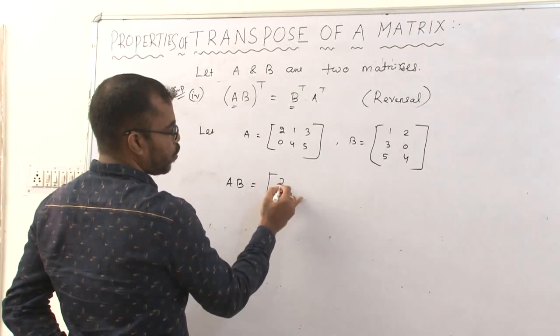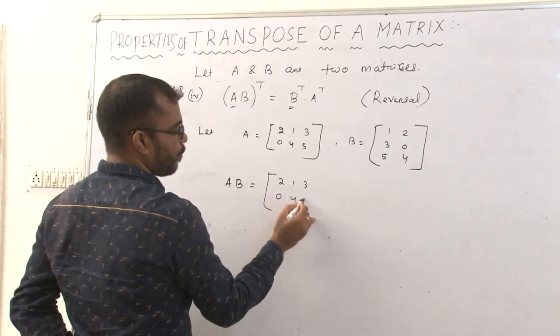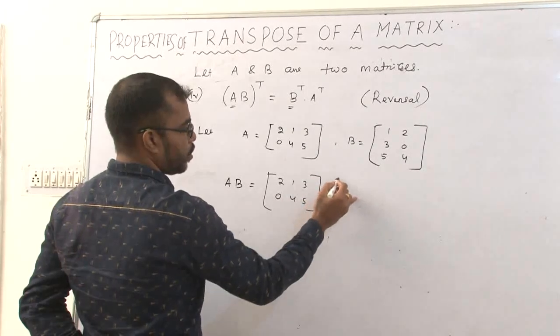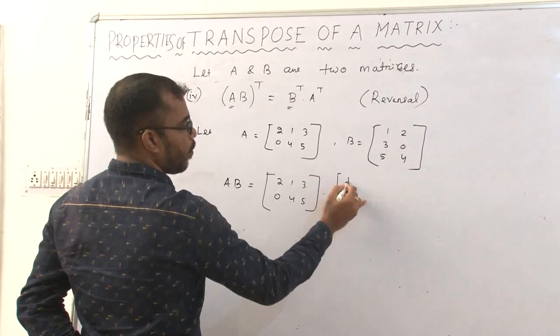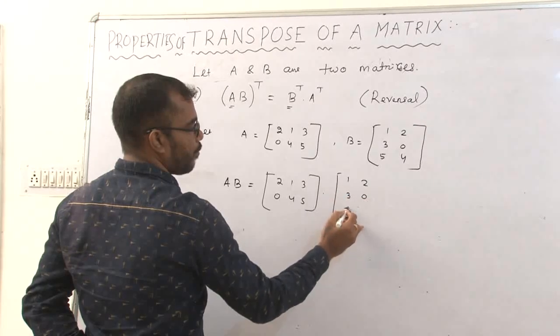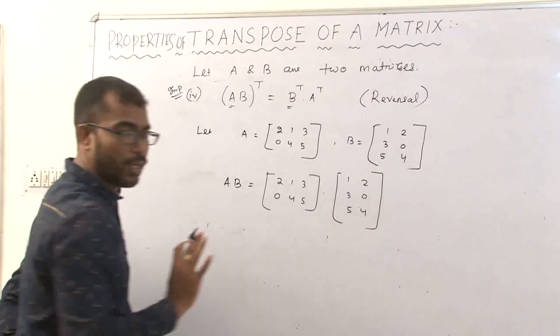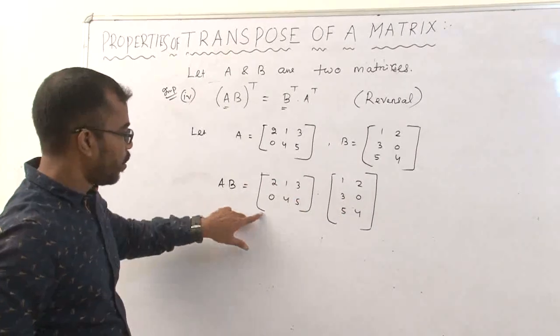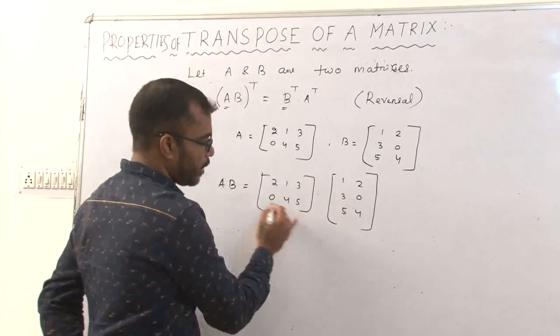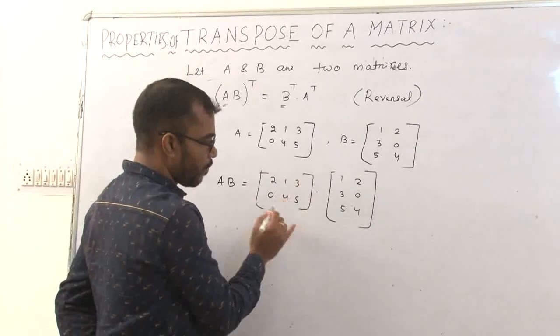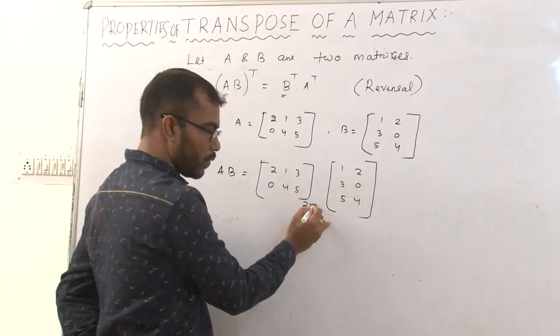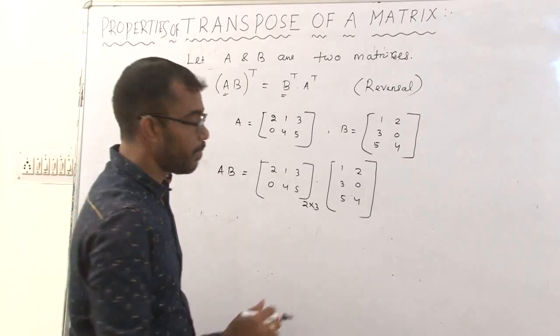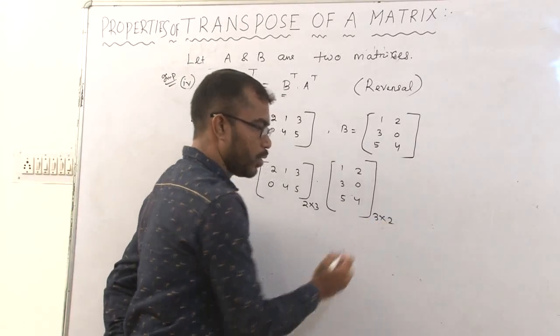The value of A is 2, 1, 3, 0, 4, 5, into the value of B, 1, 2, 3, 0, 5, 4. First we have to check, is it possible to multiply them? So first we write the order of these matrices. The order of the first matrix is 2 into 3, and the order of the second matrix is 3 into 2.